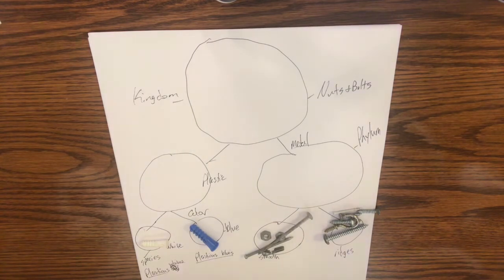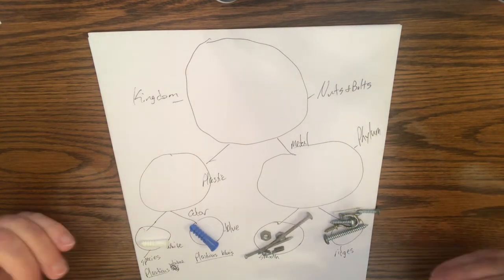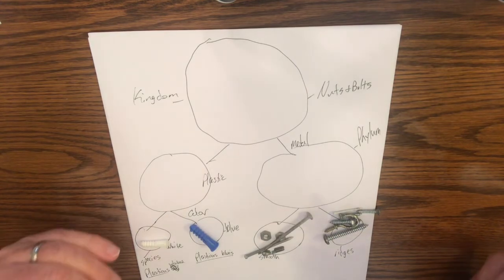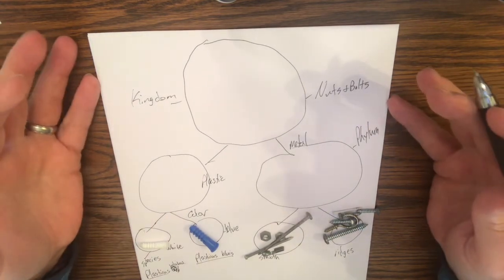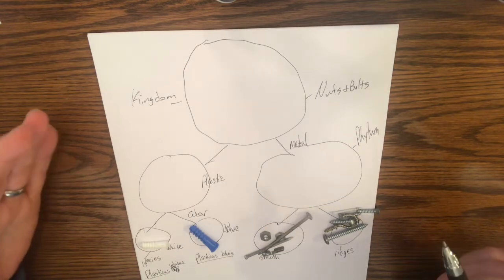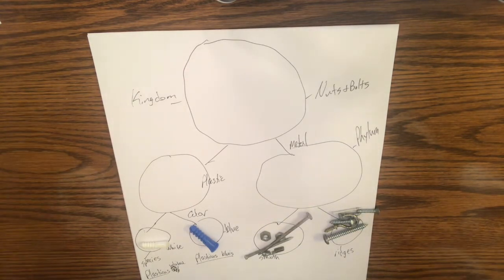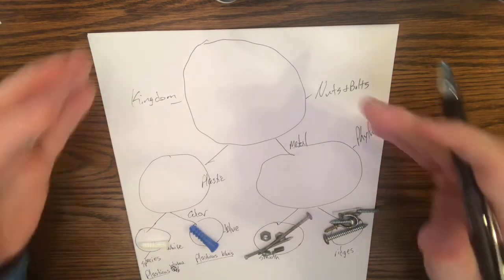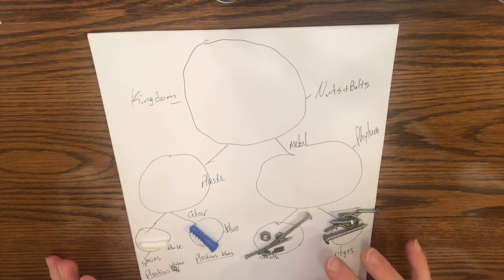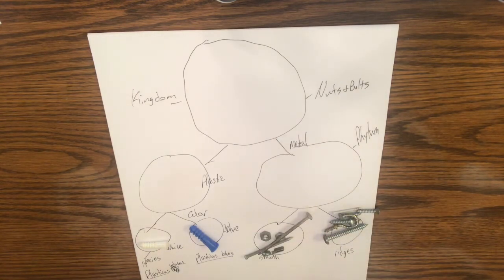All right. So go back and rewatch if you have to help you better understand what the assignment is and what the assignment entails. Remember, you were finding 12 objects that have similarities and differences and characteristics. Follow the model that I started here in organizing your objects based on their characteristics. All right.